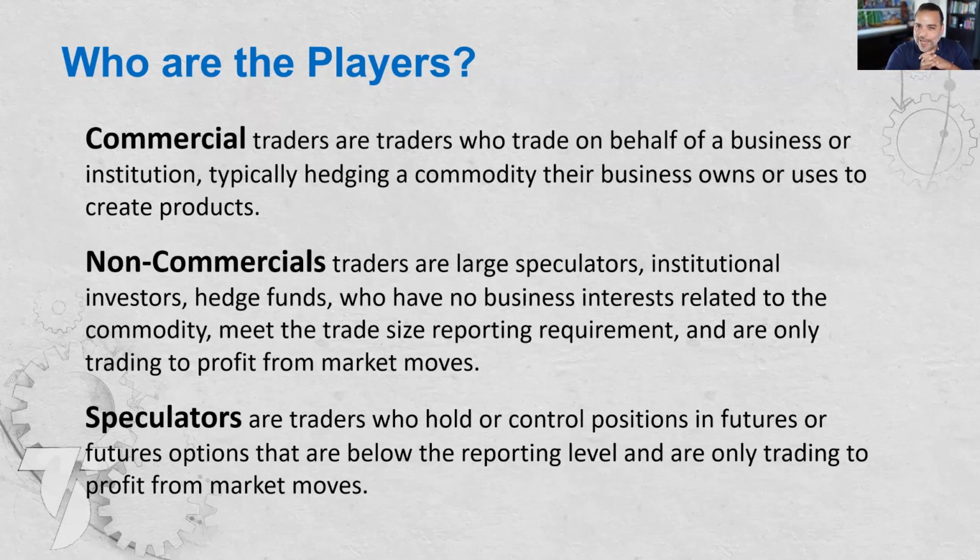The speculators are non-reportable. They're trading small sizes. So if you're trading futures and you're not a money manager or a hedge fund, you're probably trading quantities that are not reportable. You're not required to report them. So you would fall inside this category of speculators.